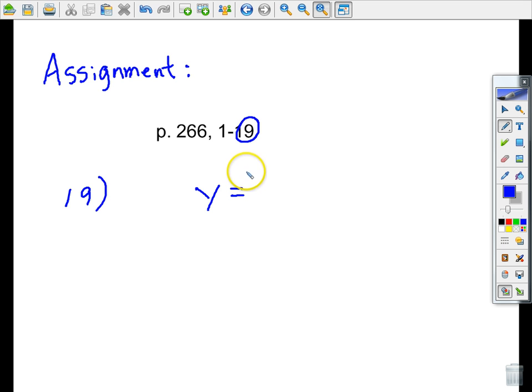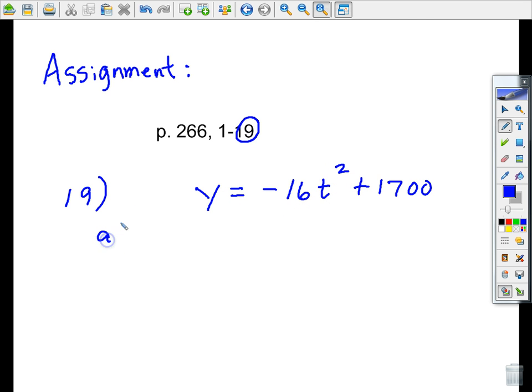A smoke jumper jumps from a plane that is 1,700 feet above the ground, and they give you a function that describes his height above the ground after so many seconds. They tell you in the problem that y represents height and t represents time in seconds.